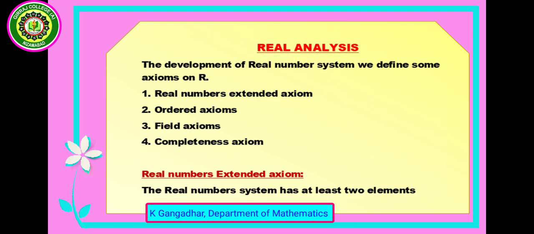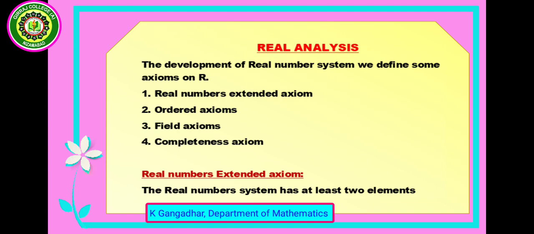For the development of the real number system, we define some axioms on real numbers, and those axioms are: the real number extended axiom, next the order axioms, next the field axioms, and the completeness axiom.